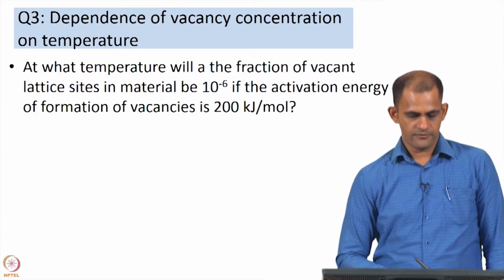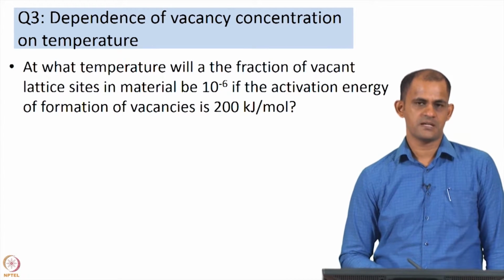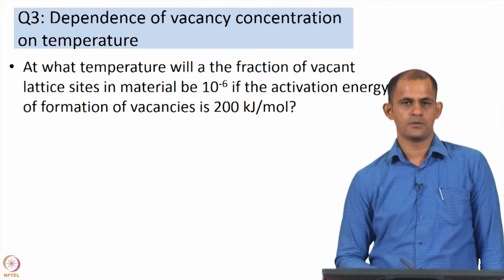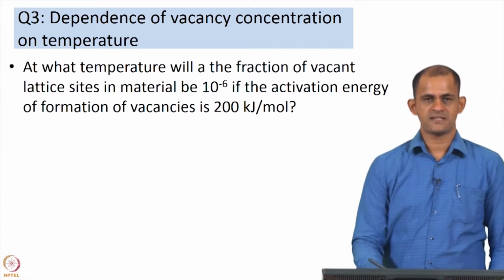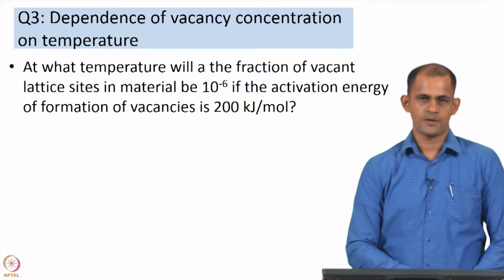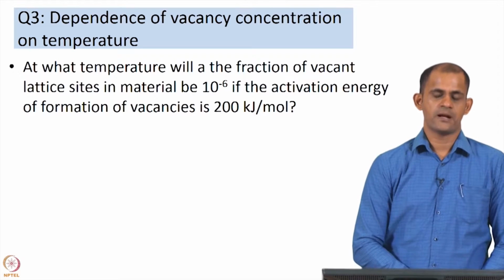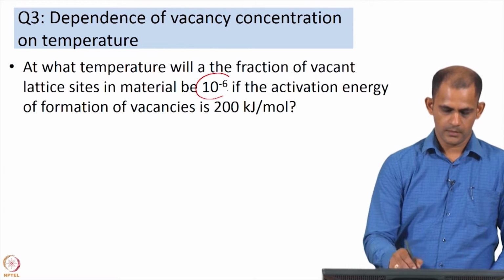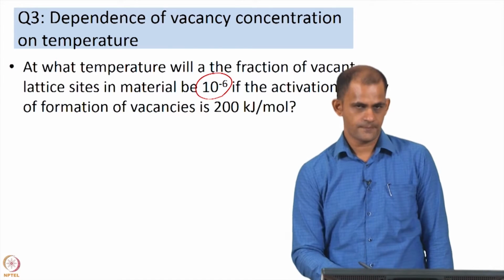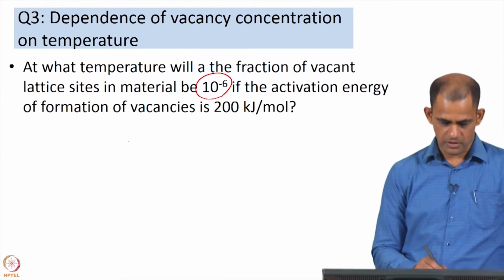So, if the activation energy for formation of vacancy for a material is 200 kilojoule per mole, and if you want the fraction of vacant lattice sites in the material to be 10 to the power minus 6, then at what temperature should you hold the material or equilibrate the material to achieve this fraction of vacancies? So, that is what the question is about.